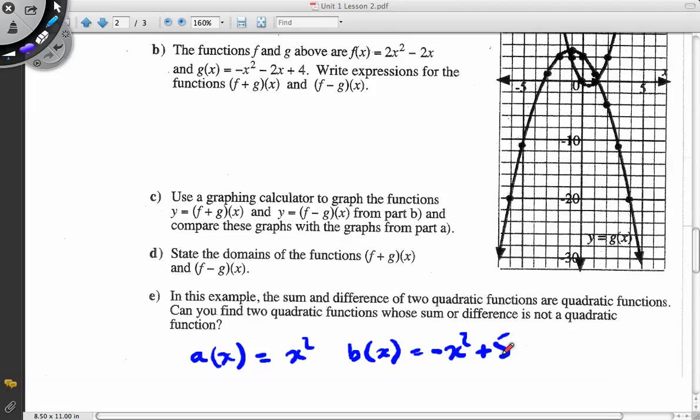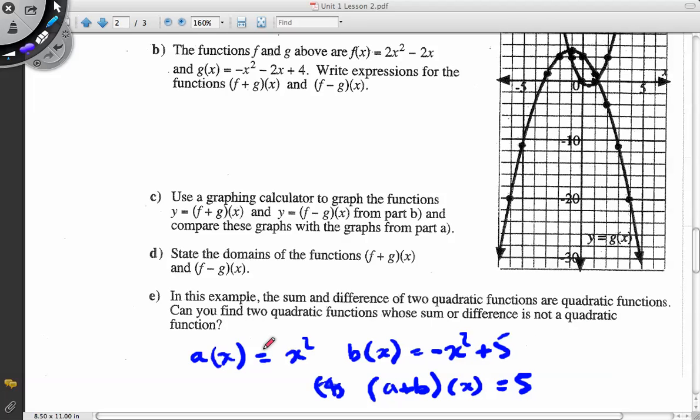So in fact, when we add these two, the x squareds are going to cancel. We'll just get plus 5. In other words, if we have a plus b of x, it simply is going to equal 5, and that is not a quadratic.